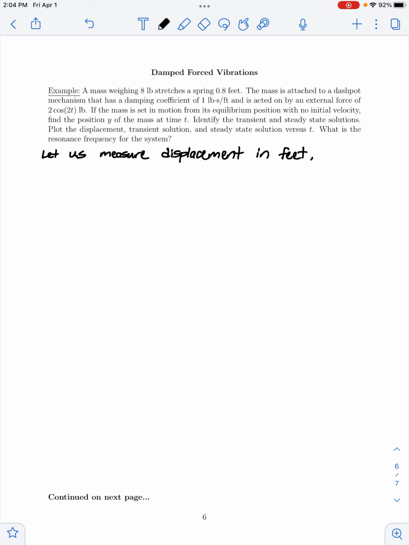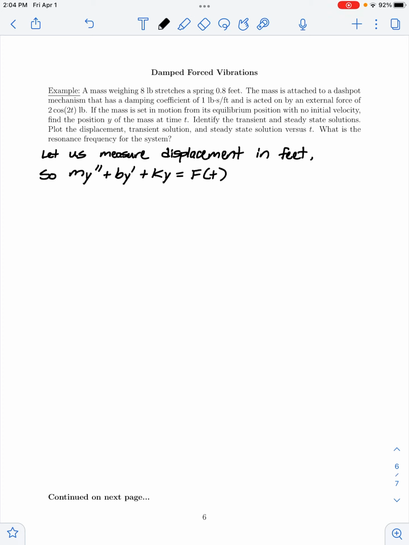So we know that our equation of motion in general is given by my double prime plus by prime plus ky is equal to capital F of t, our external forcing function. And so let's see if we can find these different constants.